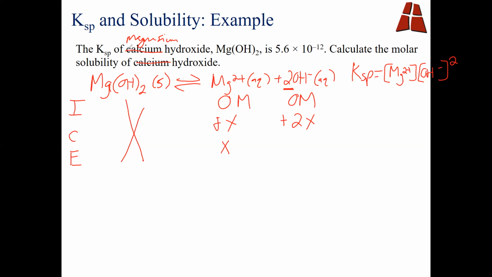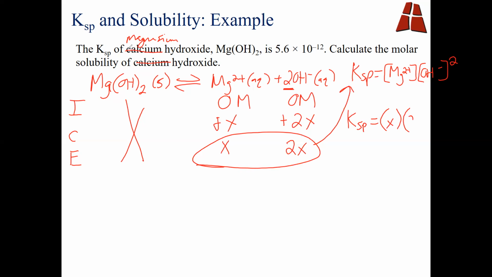So our equilibrium values will be x and 2x for our Mg2+ and OH minus. We can plug these equilibrium values into our Ksp expression. That means that our Ksp is equal to x times (2x) squared.